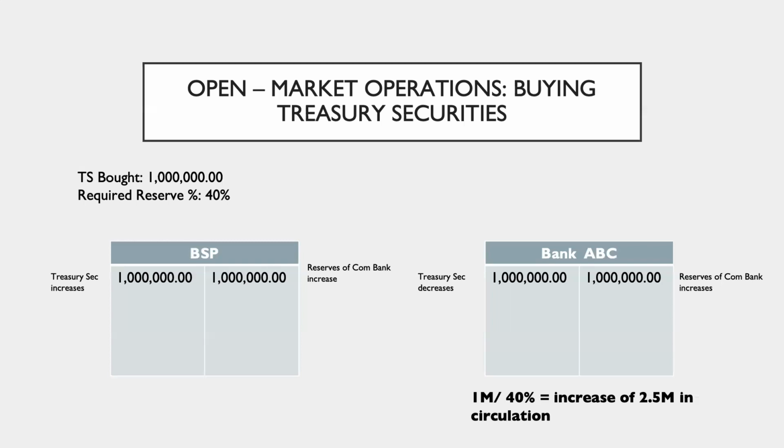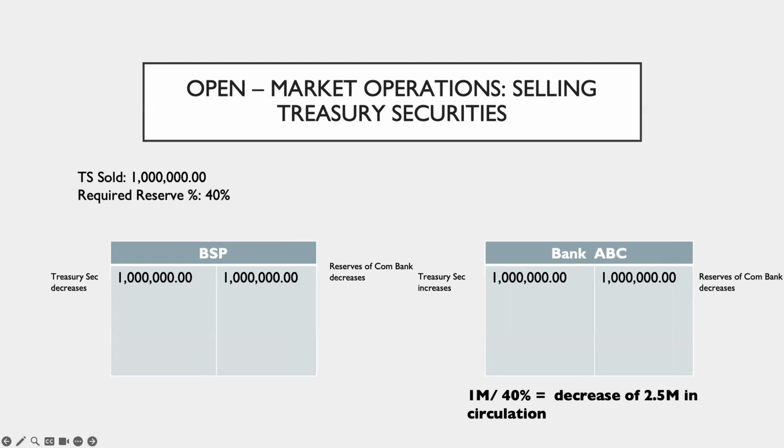All right, I hope that is clear. But we're not done yet with open market operations because we have just talked about the central bank buying from a commercial bank or from the Bureau of Treasury. What about if the central bank is the one selling the treasury securities?